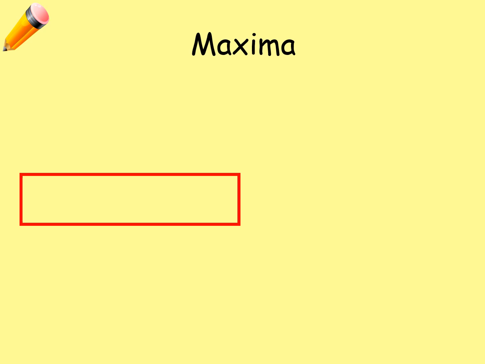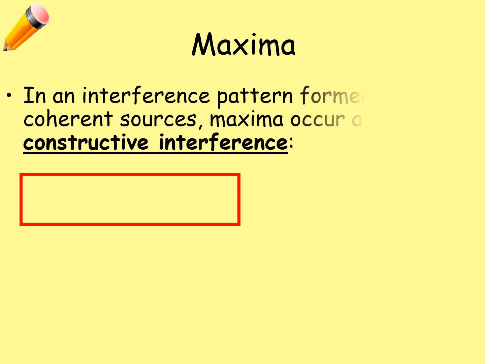Maxima. In an interference pattern, we see points of maxima as bright spots if it's light, or loud sounds if it's sound, or potentially high readings if we have a microwave emitter. An interference pattern formed by two coherent sources will produce a maxima where we have points of constructive interference.